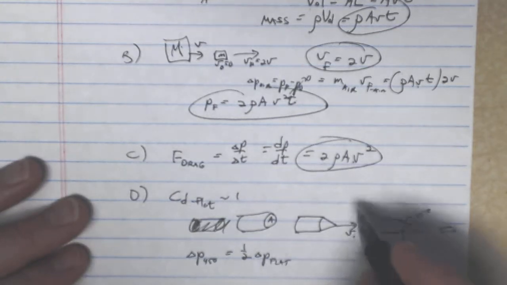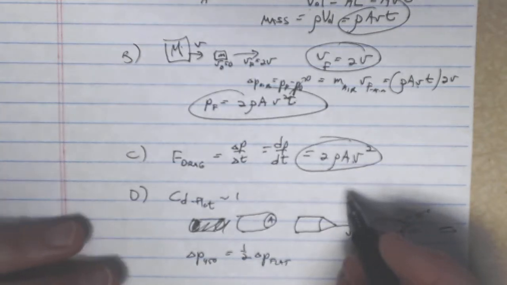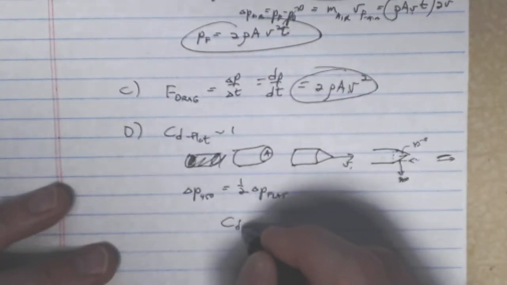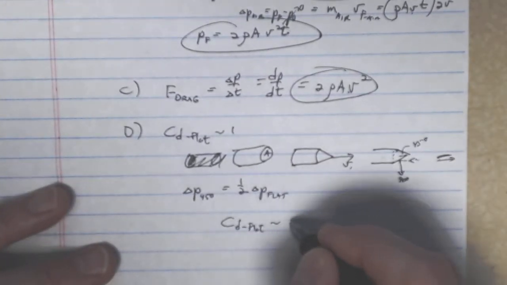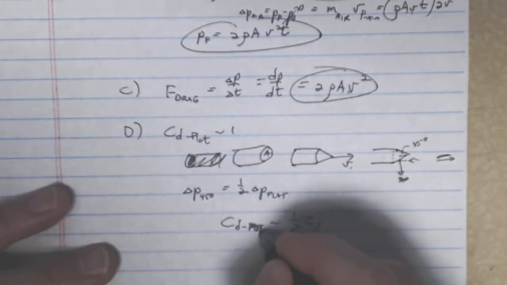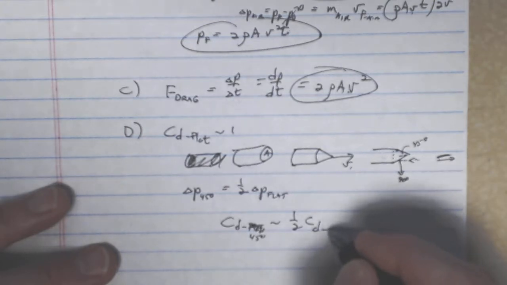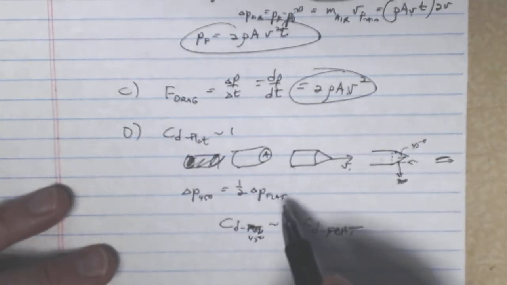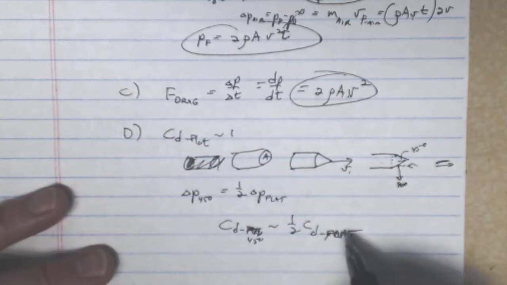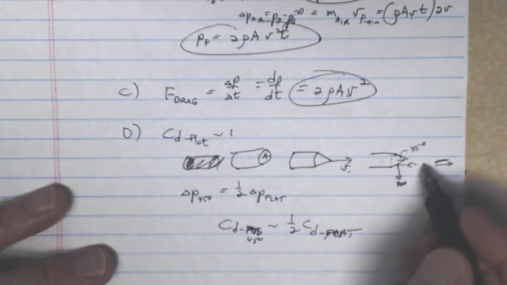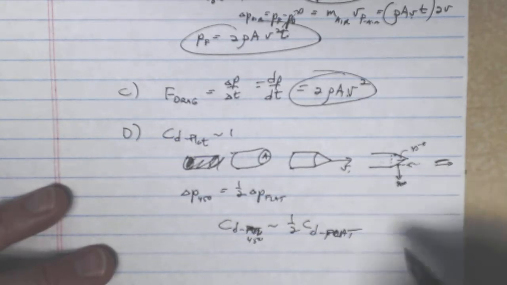We could take that into account in our formula by saying that CD for a 45-degree surface is about 1/2 the CD for a flat surface. That's about what we see in the correct formula. For a sphere, CD is about 0.5, and for a flat surface, it's about 1. So we can also understand that on the basis of just basic collisions between the air molecules in this cone.